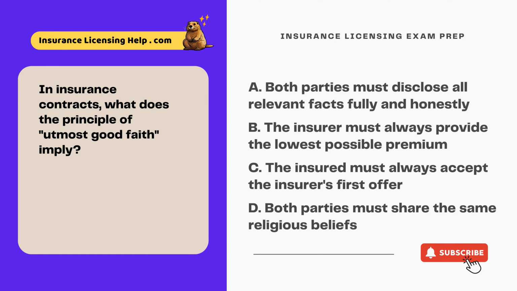In insurance contracts, what does the principle of utmost good faith imply? A. Both parties must disclose all relevant facts fully and honestly. B. The insurer must always provide the lowest possible premium. C. The insured must always accept the insurer's first offer. D. Both parties must share the same religious beliefs.